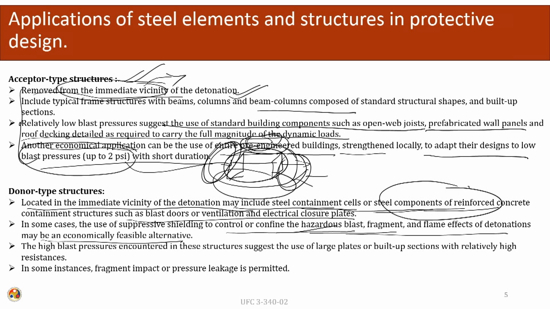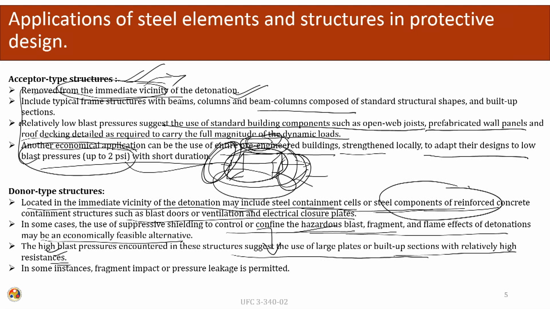The blast pressure encountered here is of high magnitude, and this suggests the use of large plates or built up sections with relatively high resistance. It means that these donor type of structures are hardened structures, and they are reinforced with built up sections or relatively high resistance sections, so that the high intensity of the blast loading can be negated.